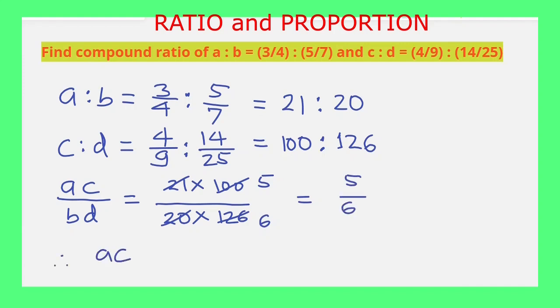Thus, AC ratio BD is equal to 5 ratio 6, which is the compound ratio of A ratio B and C ratio D. We go to the next question.